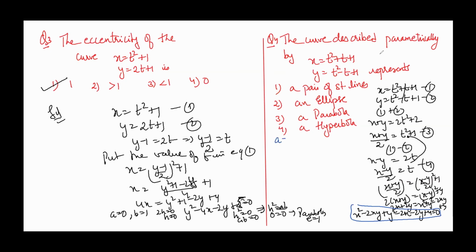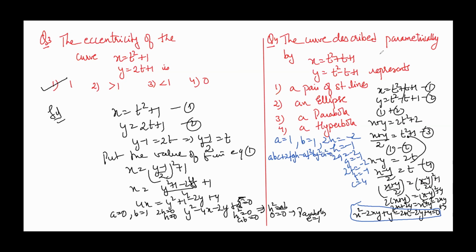A is here 1, that is the coefficient of x square. B is here 1, that is the coefficient of y square. 2h is here minus 2, so h is minus 1. 2g is here minus 2, so g comes out to be minus 1. 2f is again minus 2, so f is minus 1. And c comes out to be 4. So when I check, delta is abc plus 2fgh minus af square minus bg square minus ch square, equal to 0.